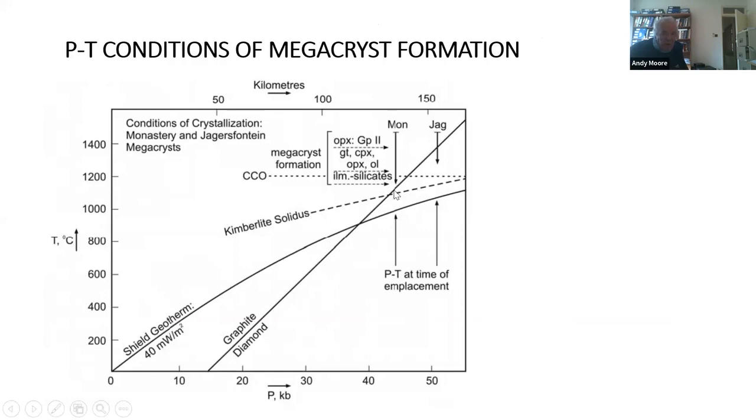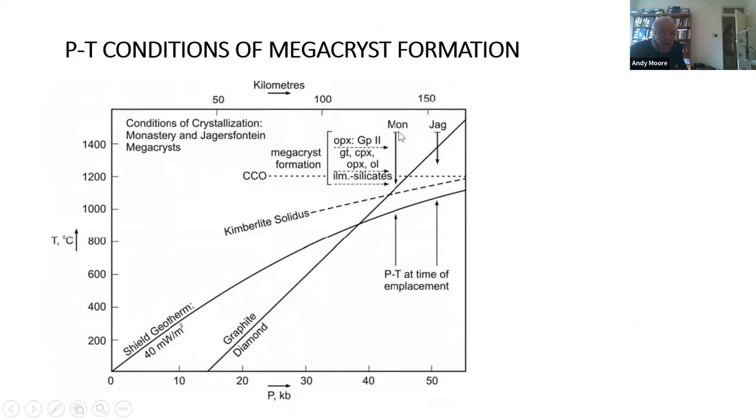And so again, we get back to the same diagram. At Letseng, a wide range to iron-rich compositions suggests a wide temperature range of crystallization of the megacryst olivines, potentially going into the diamond stability field.